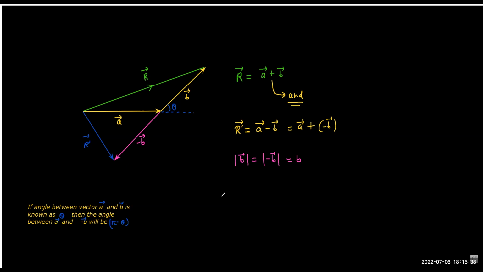So if the angle is acute, now tell me which one will give the bigger answer, the summation or the difference? So R dash is the resultant of A and minus B.